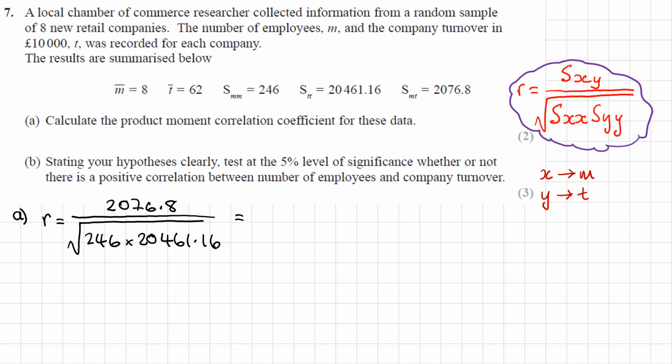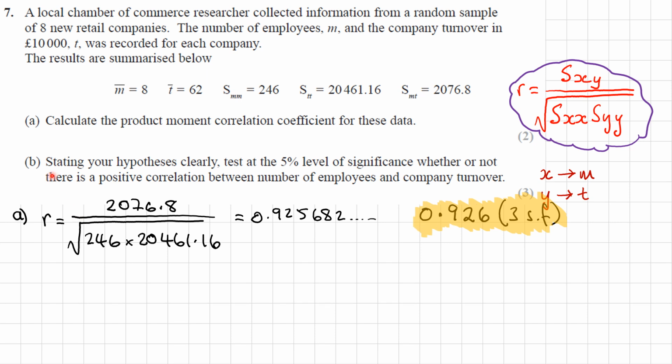And from my calculator I get 0.925682 and so on. We'll give that to 3 significant figures, so 0.926, 3 significant figures there for the value of the PMCC.